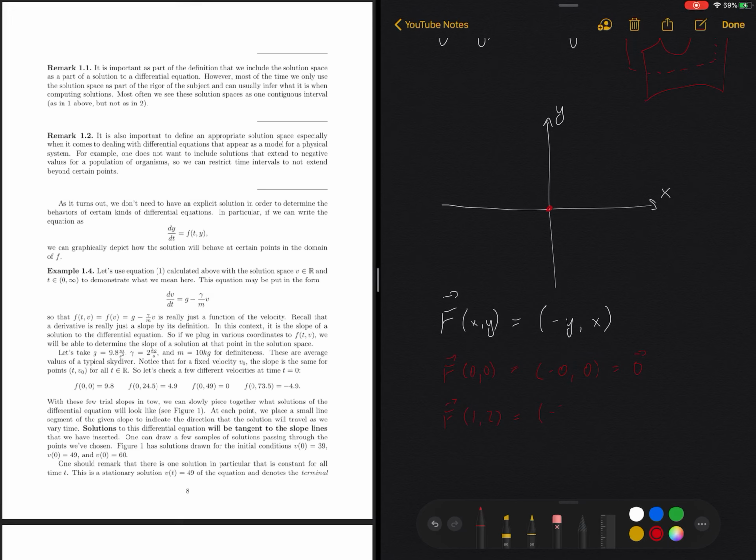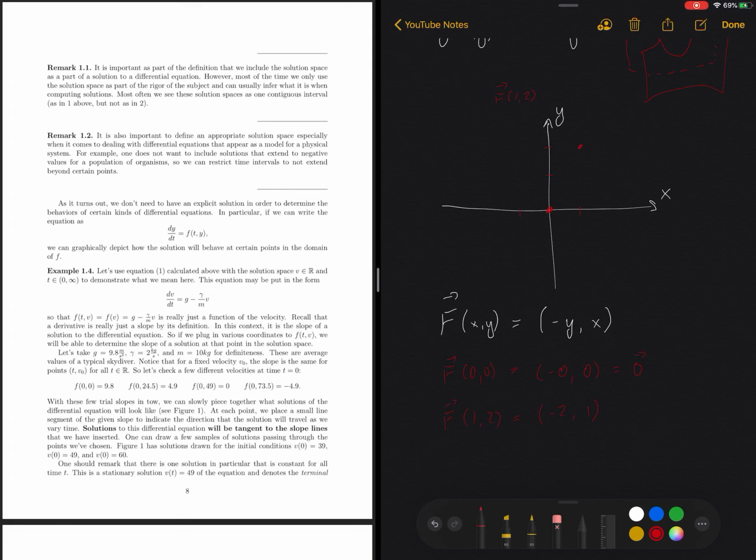Well, let's do another one. Let's say f of 1 by 2. So x is equal to 1, y is equal to 2, so I have minus 2 by 1. And if I plot over 1 and up 2, then I have a vector that begins at 1, 2, but points over there. And that would be exactly what this is representing.